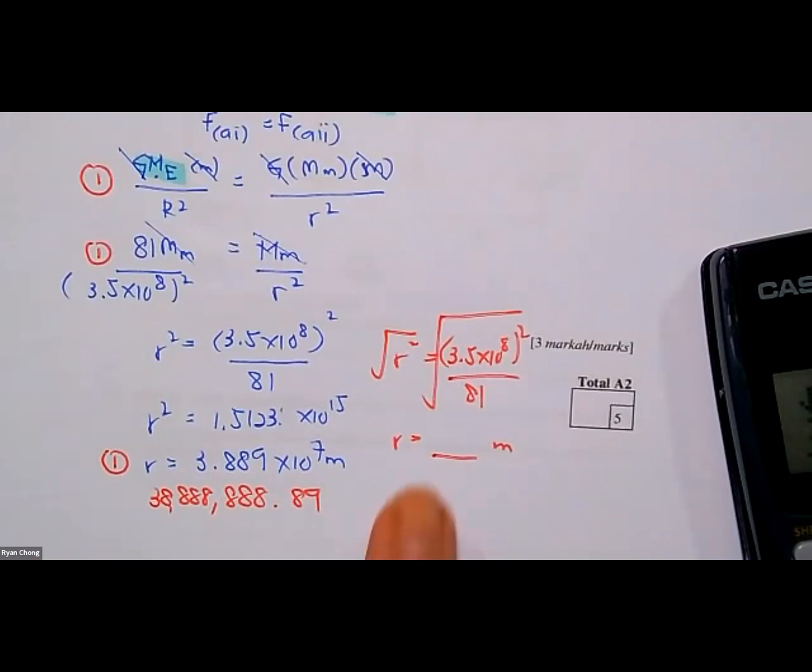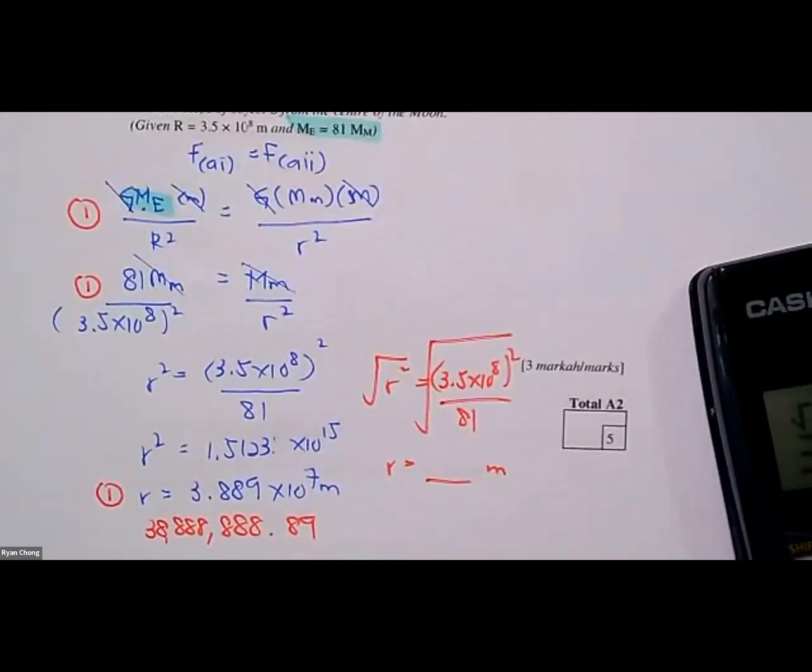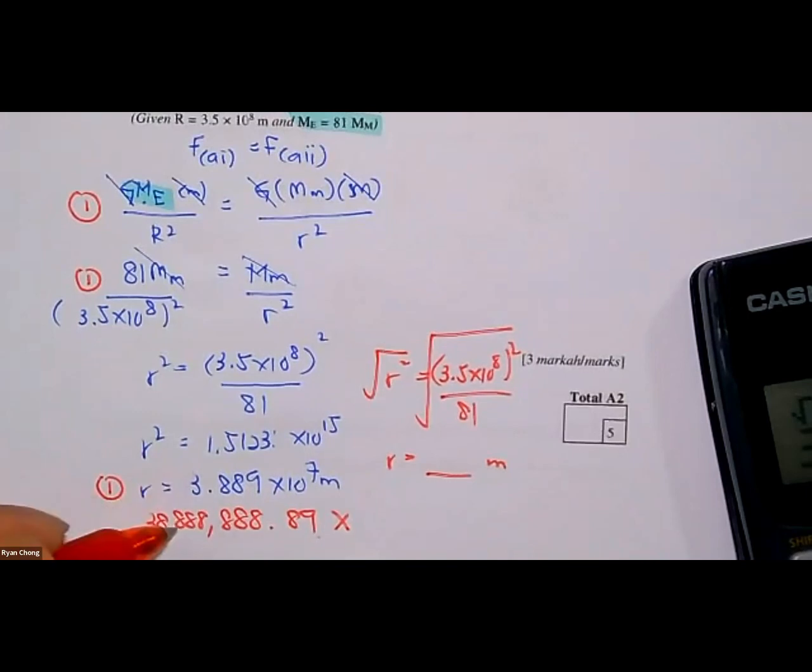Okay. All right. Some students will say, if you square root, why don't you use the negative value? Radius or distance is considered a scalar quantity. They don't have a negative value. That's why you can just write the positive value and it will do. Okay. All right. So this is the way you solve the 3 marks question for this one. So remember, very pantang, we should not write in full numbers like this. This one is already more than 100,000. 100,000 means what?